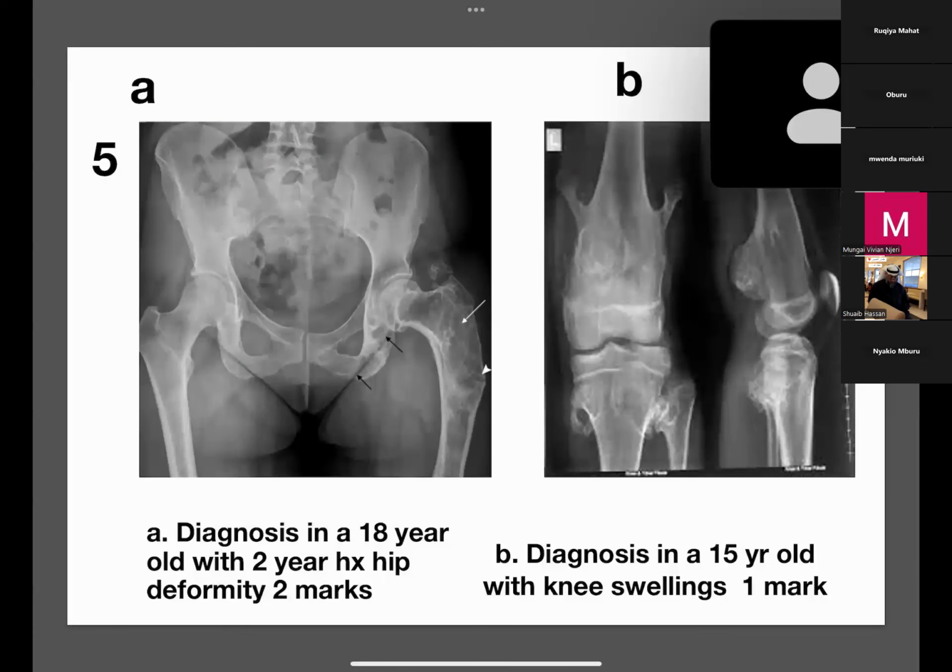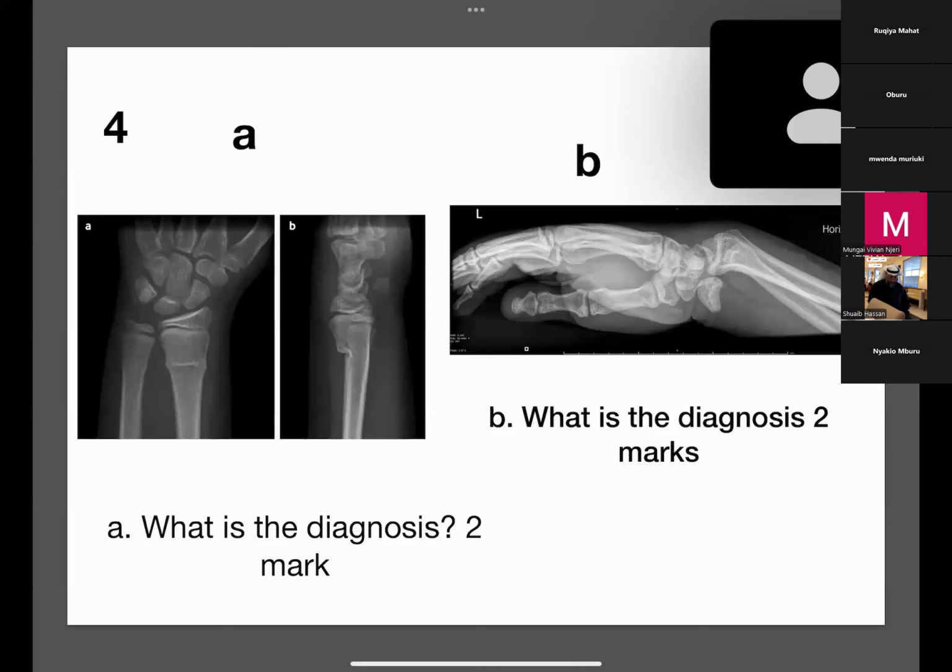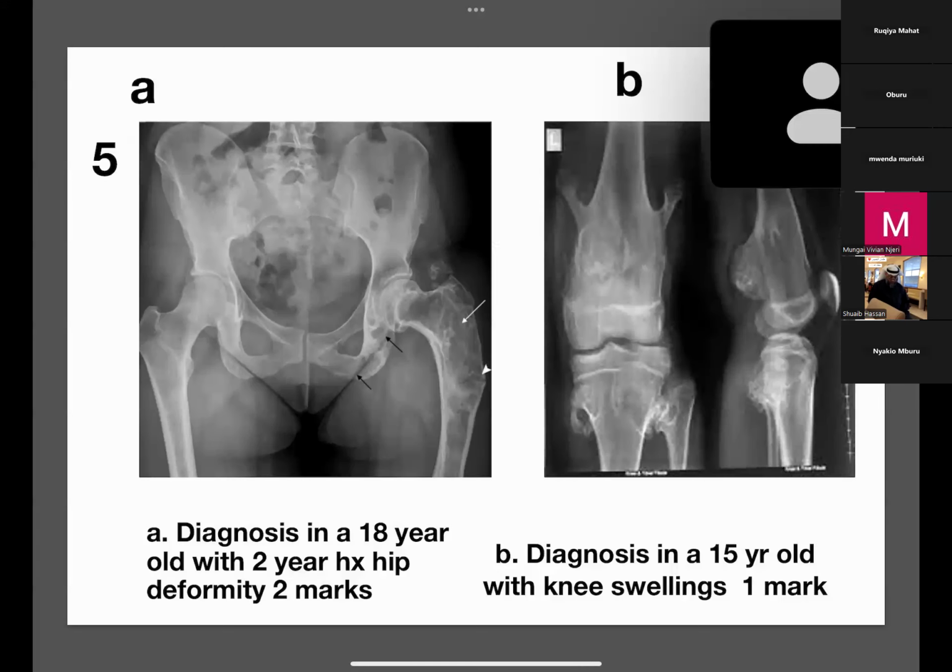It could be found in many conditions. One of the conditions in which we find it is in patients who have fibrous dysplasia. So this patient has fibrous dysplasia. You can see that the femur has that shepherd's crook deformity, and this is what is known as a ground glass appearance.